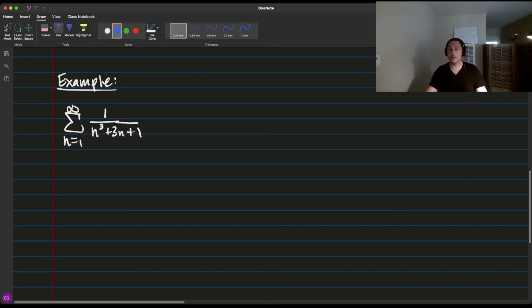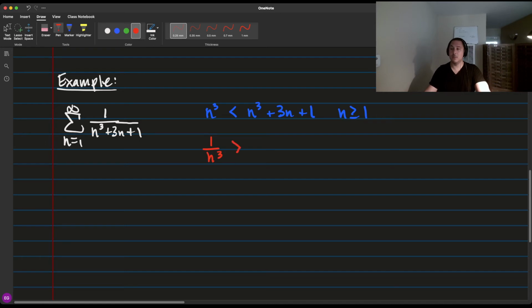So we know that n cubed is definitely less than n cubed plus 3n plus 1 if n is greater than or equal to 1, which means if we take the reciprocal, the relationship changes.